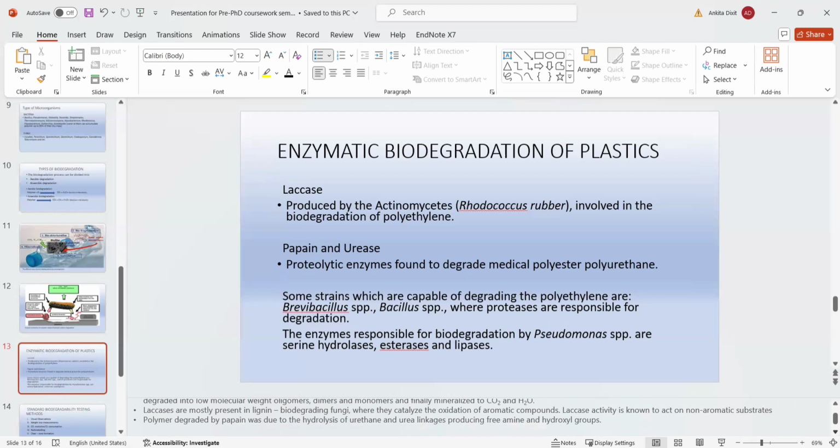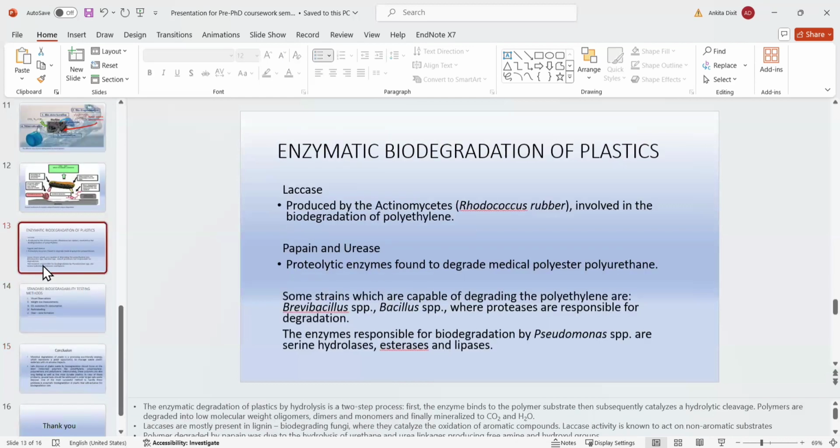Polymer degraded by the papain was due to the hydrolysis of urethane and urea linkages producing free amine and hydroxyl group. Some strains which are capable of degrading polyethylene are Bacillus species, where proteases are responsible for the degradation. The enzymes responsible for biodegradation by Pseudomonas species are serine hydrolases, esterases, and lipases.